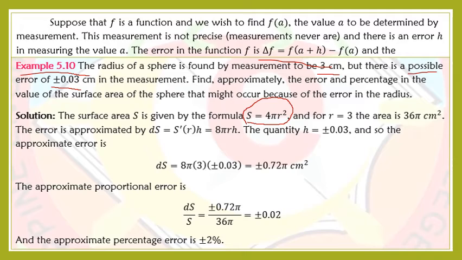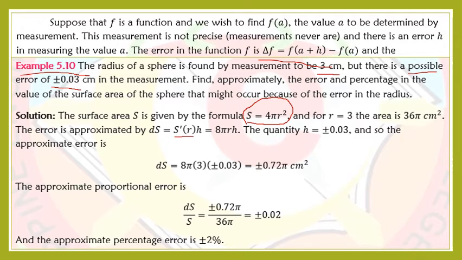Okay. 36 pi centimeter square. The error is approximated by ds, or the differential of the surface area S, is equal to S prime of r times h. Okay.